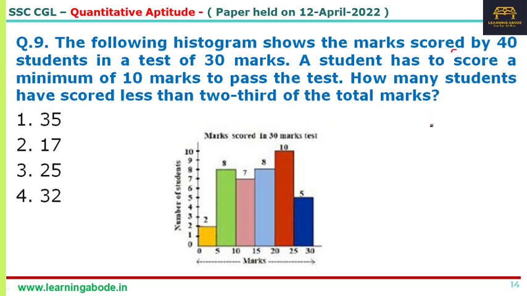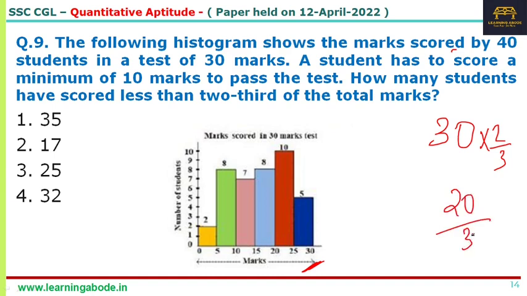The test was for 30 marks, so 2/3 of the marks is 20 marks, and they're asking how many got less than 20. So less than 2/3 means less than this 20 line. We have 2 plus 8 is 10, 10 plus 7 is 17, 17 plus 8 is 25. That's answer option 3. 25 is the answer for question number 9.